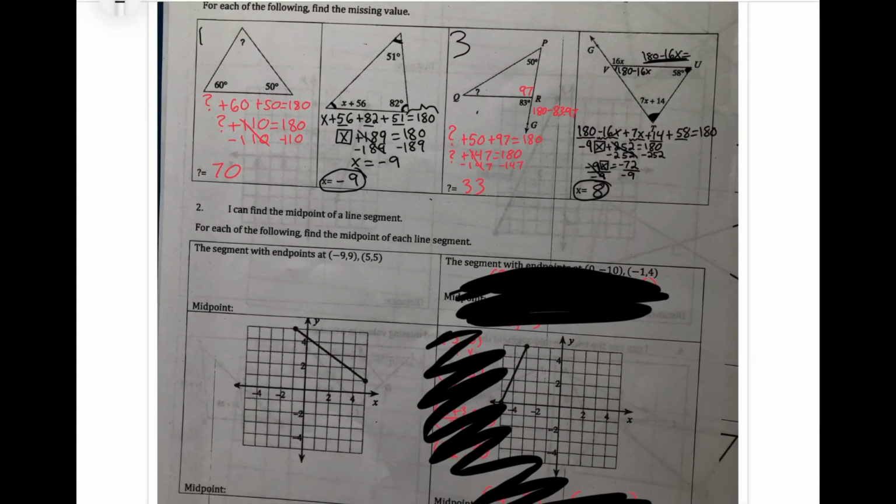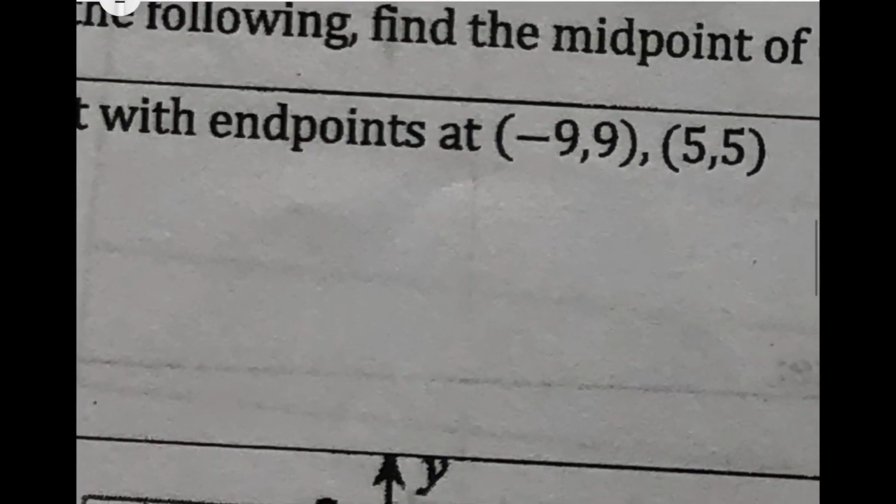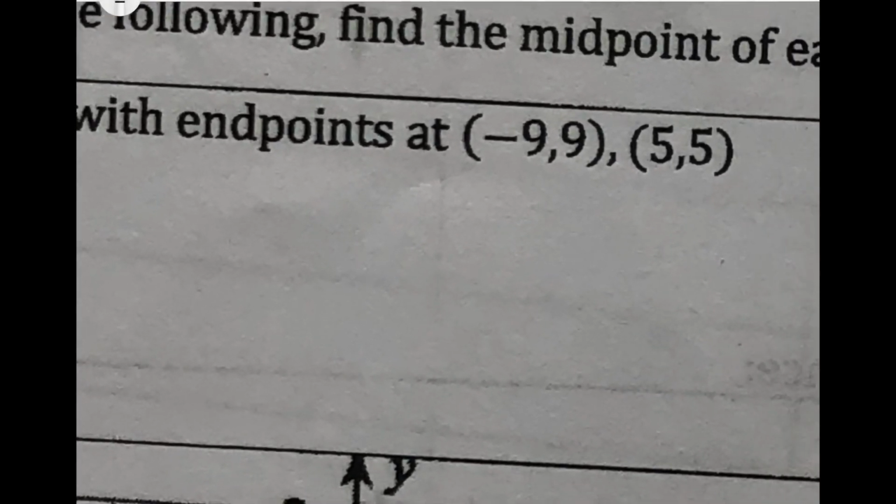So in the next section, you are finding the midpoint of each line segment. So in the first one, or the first two, you are given ordered pairs already. So you're going to plug that into the formula that we went over last week that we were at school. So you can either use the formula, or you can say, I want the average of the two x values.